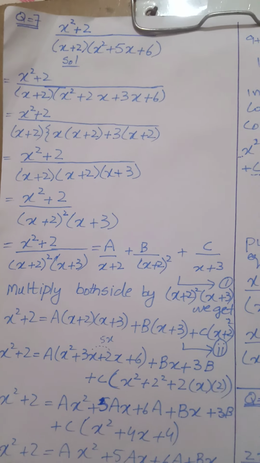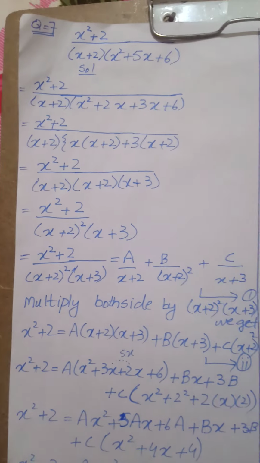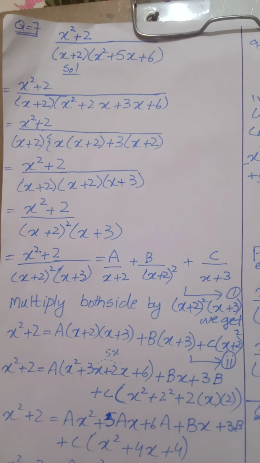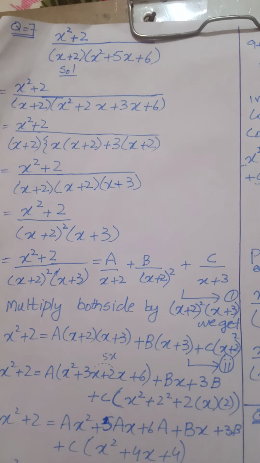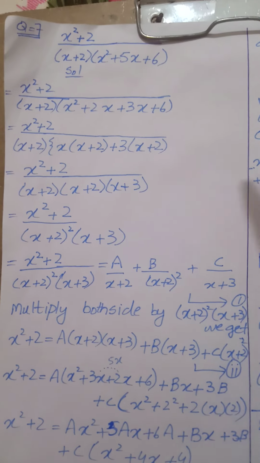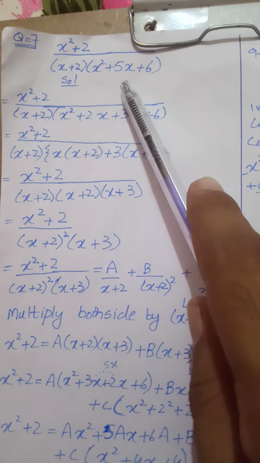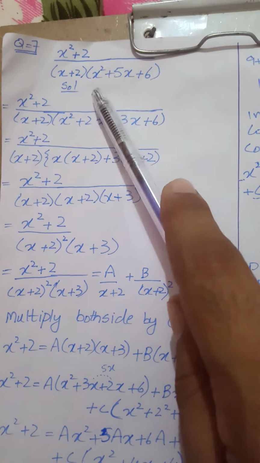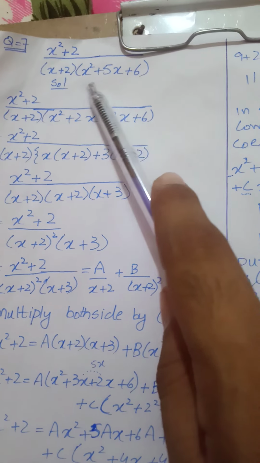Now this is the case in which the denominator is split or divided into two partial fractions. Now you can see that this is x plus 2 and x square plus 5x plus 6. So this is not a linear equation.